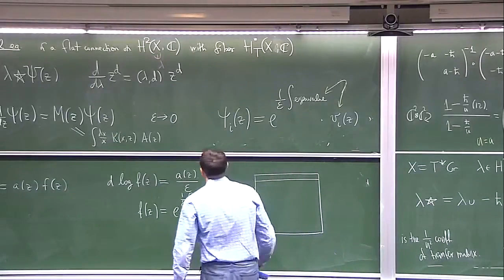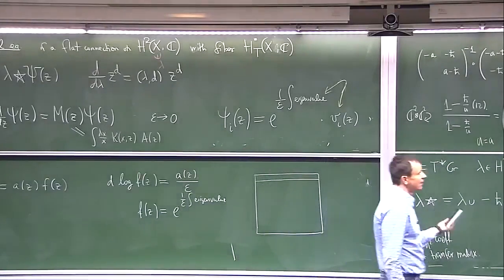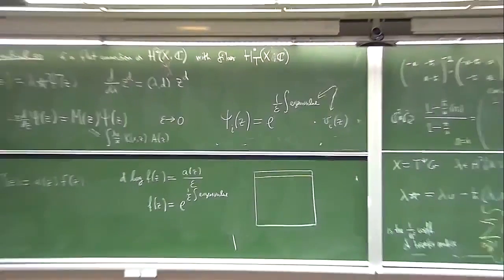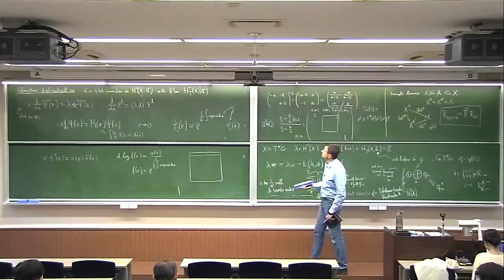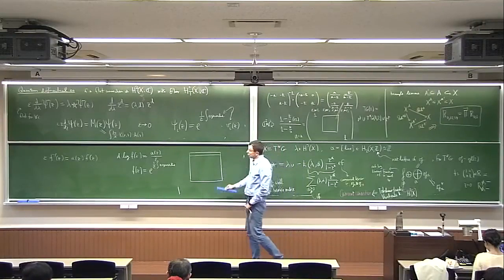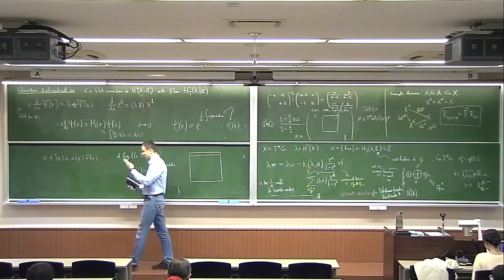And so now, algebraic geometry or symplectic geometry provides in general a solution to a quantum differential equation. In particular, there are two things here.